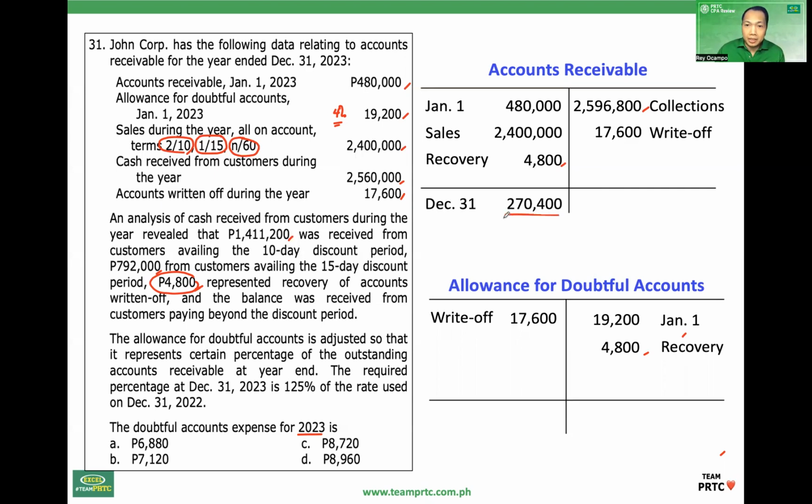Now, regarding the allowance for doubtful accounts, it is adjusted so that it represents a certain percentage of the outstanding AR at year end. And as noted earlier, ilang percent nga yan? That is 4 percent.